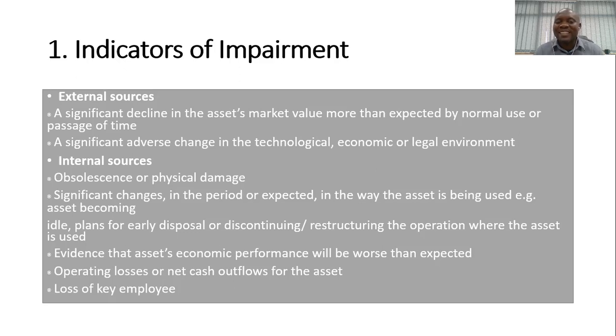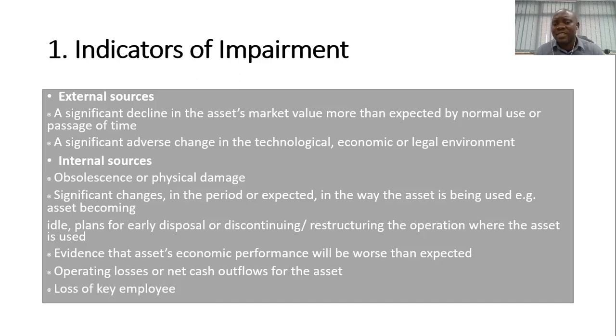Or evidence that the asset's economic performance will be worse than expected. You have done the simulations, and what is coming out is that this particular asset may not give you the meaningful value that you need over time. The economic performance of that asset is going to dwindle. Therefore, there is need for you to think of impairing.